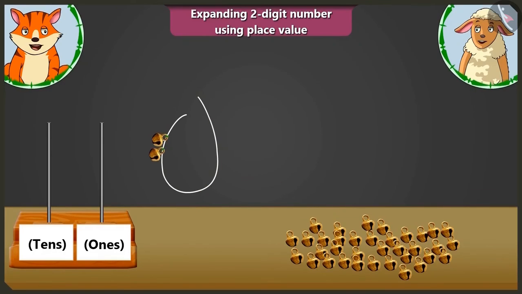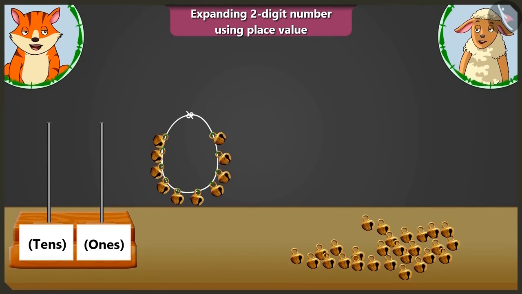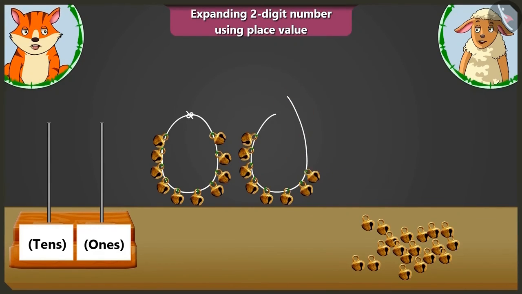1, 2, 3, 4, 5, 6, 7, 8, 9, and 10. I have made their group like this. Wow! Now let me count the anklet beads besides this group. 1, 2, 3, 4, 5, 6, 7, 8, 9 and 10.